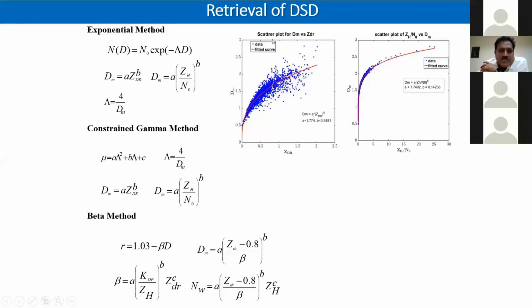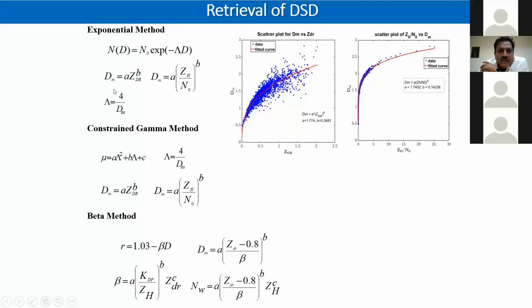So for example, if you assume the raindrop size distribution follows an exponential distribution like this, then what you want is to calculate the Dm, because ultimately you want to know what is N naught, what is lambda, so that for a particular D we can calculate N(D). So how do you calculate N naught and lambda?